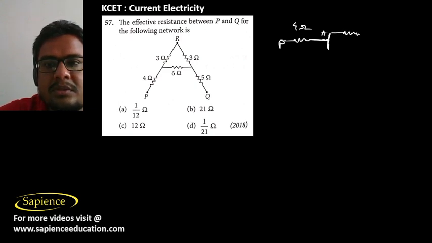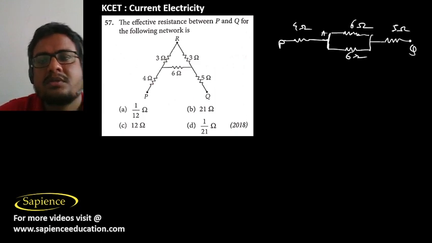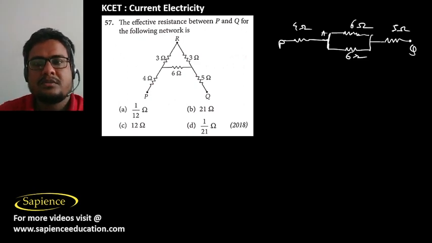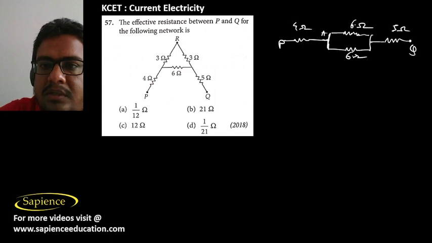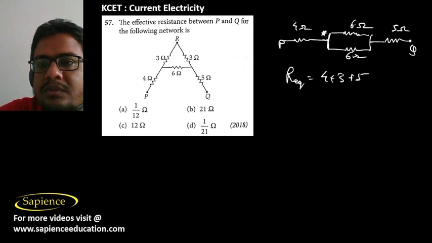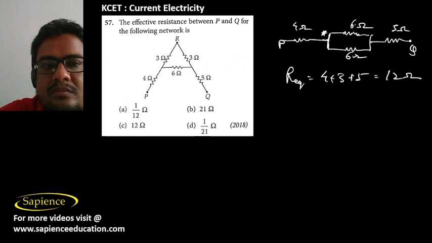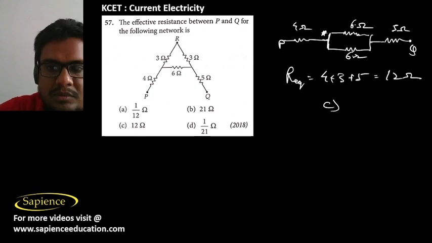So 3 plus 3, that is 6 ohm, and here also one more A to B, that is 6, and then B to Q, that is again 5 ohm. So effective resistance in between P and Q: 6 and 6, its R equivalent is 3. So R equivalent is equal to 4 plus 3 plus 5, since they are in series, that is 7 plus 5, that is 12 ohm. Option C is the correct answer.